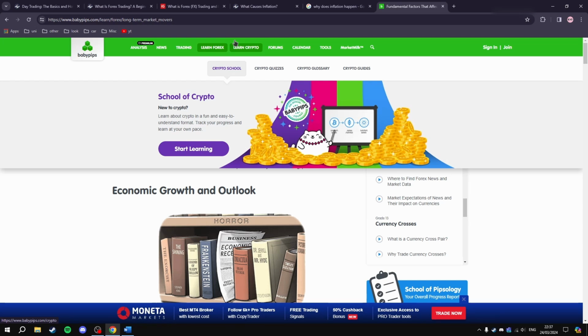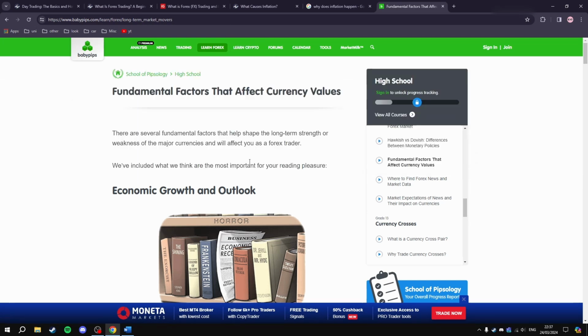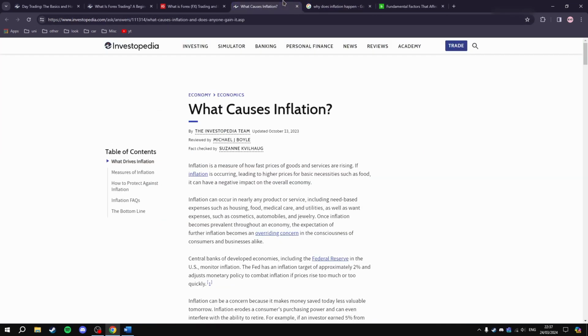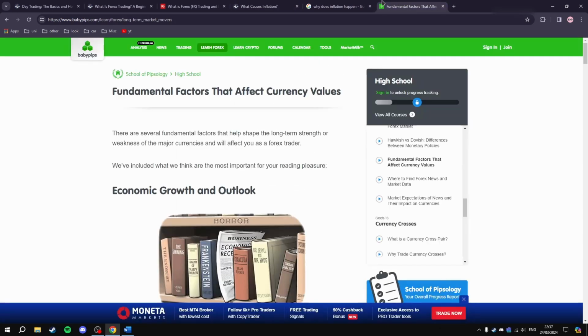I think it's important for me to learn what some of the terminology means and get more knowledge on economy in general, so I probably will need to do some research on the economy page on Investopedia. That seems interesting. So yeah, in the next video we're going to go through fundamental factors that affect currency values.